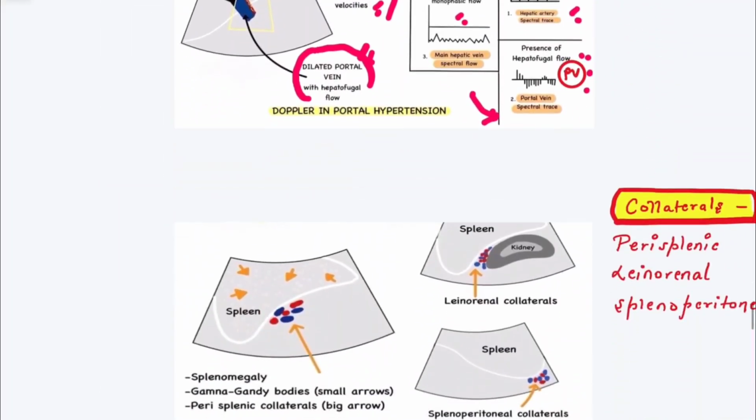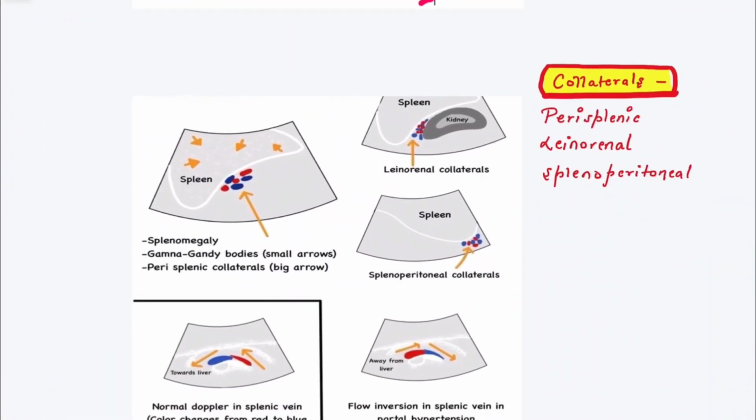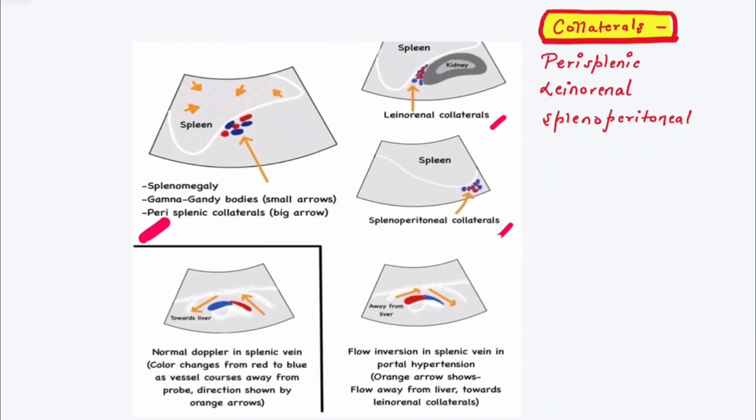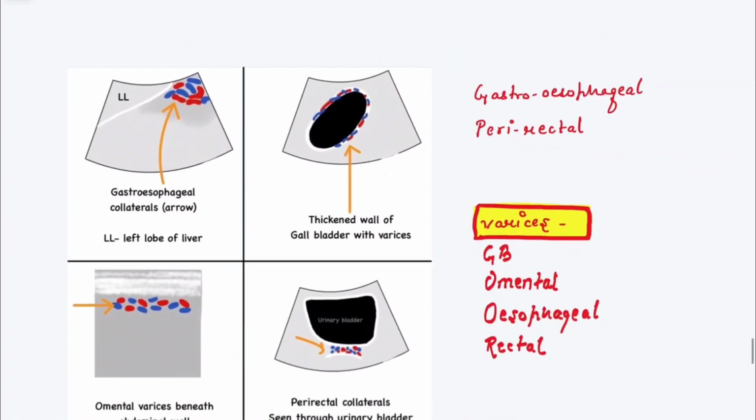As I have said, there are multiple collaterals like the splenic collaterals, the lienorenal, meaning between the kidney and the spleen, then the splenoperitoneal collaterals. The direction of flow in the portal vein reverses, so does the direction of blood in the splenic vein. There are collaterals in the gastroesophageal region and the perirectal region.